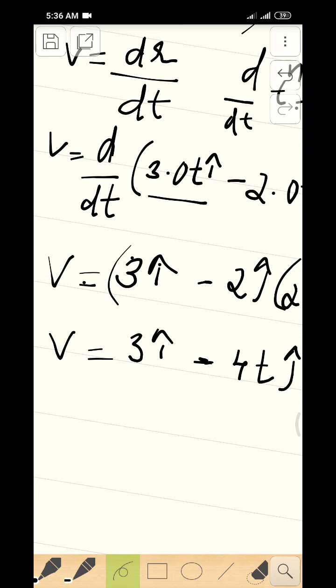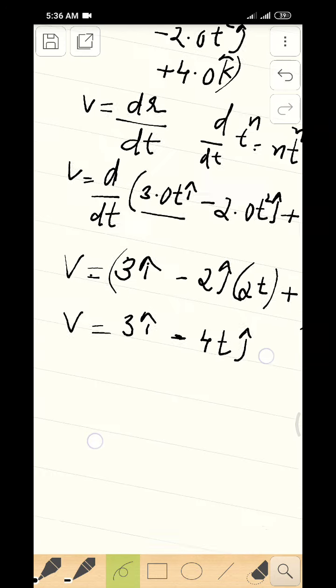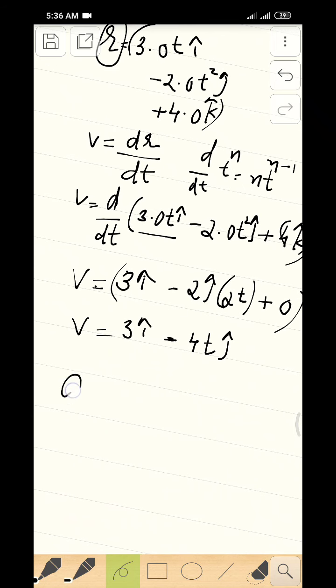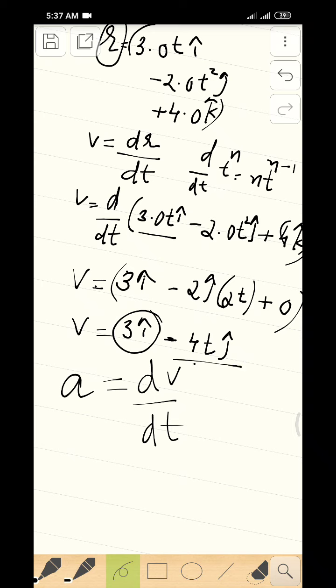So now you are having the velocity vector. Now we have to find the acceleration vector. You know that a is equal to dv by dt. d by dt of 3 i will be 0, because that is a constant. Only the term that remains is minus 4t j cap.